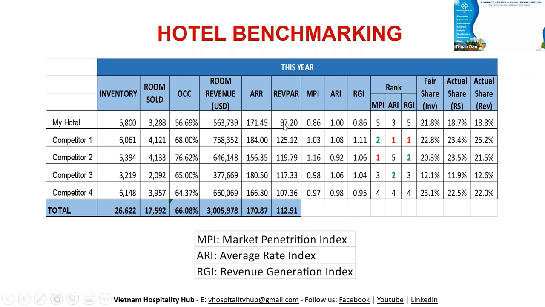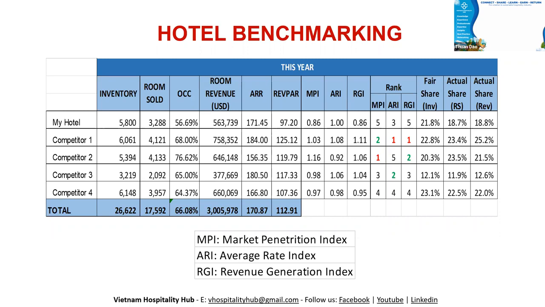All right, and STR doesn't present the report in this way. The report I'm showing you right now in front of you is just to explain how the calculation of the benchmarking report works.